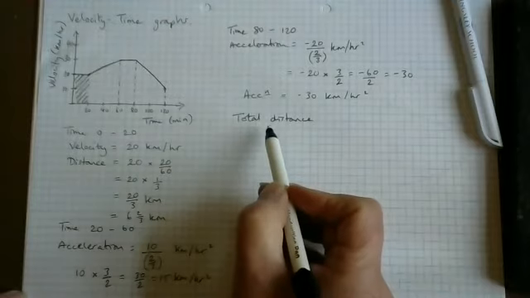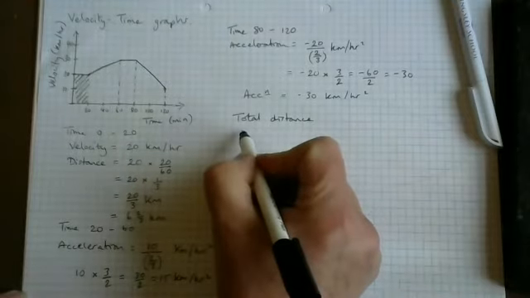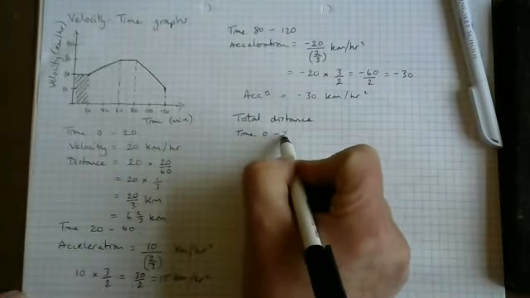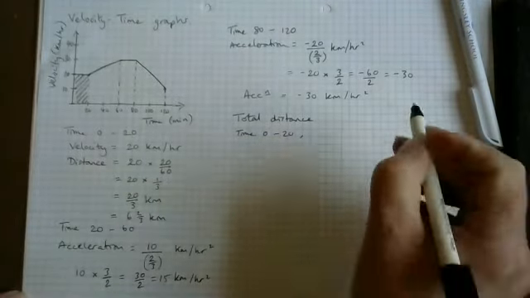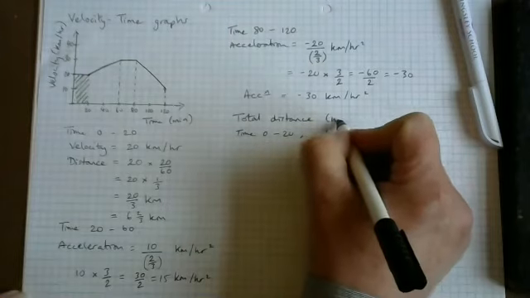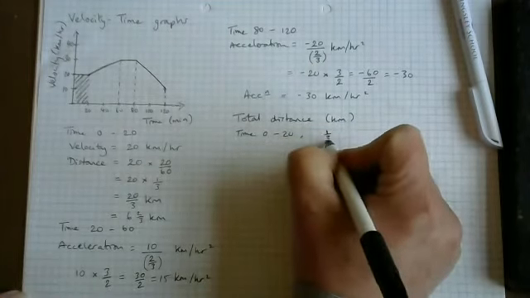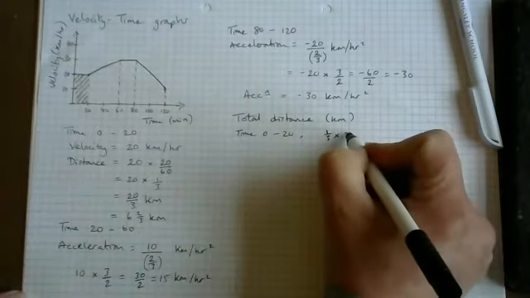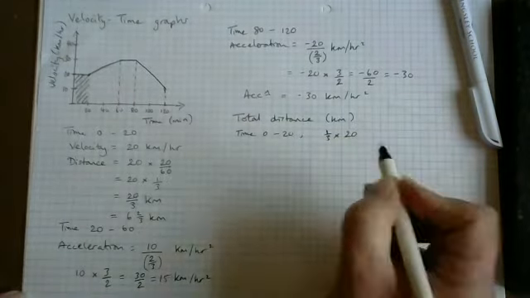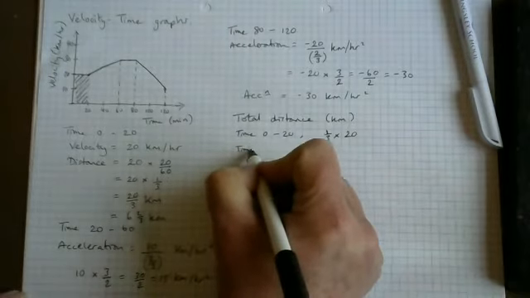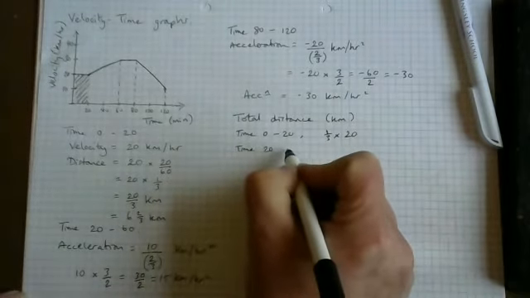So my total distance is, firstly, take it down into little bits, time 0 to 20. We're doing it in kilometers. So it's 1/3 times the height, which is 20, time 20 to 60.